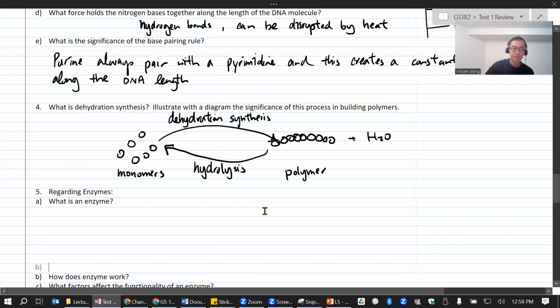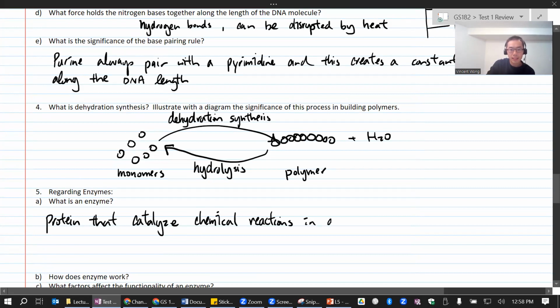What is an enzyme? An enzyme is made of protein that catalyzes, speeds up, chemical reactions in a cell.